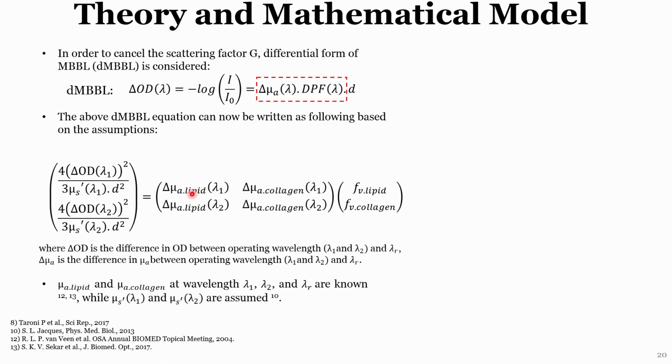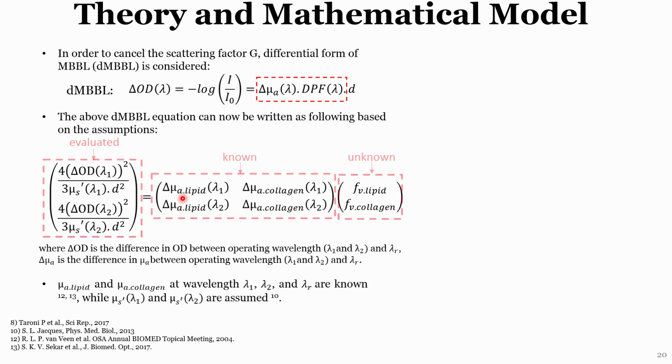Or it could be a difference of absorption coefficient for two different states at the same wavelength, such as squeezing of fist and clenching of fist. Two different states could also be the breathing of a person, inhale and exhale. So, this mu a is not a single value, but a difference between two different states at that particular wavelength.